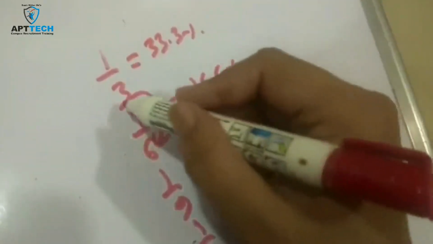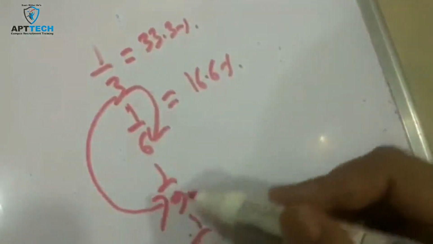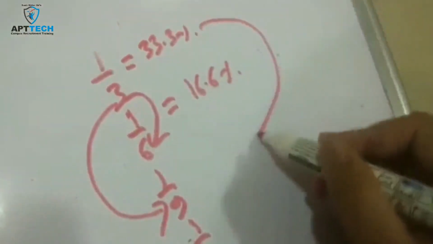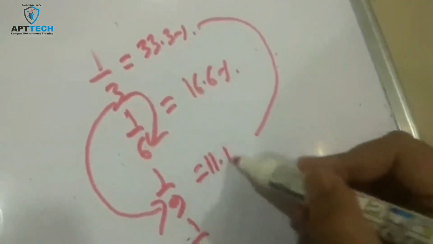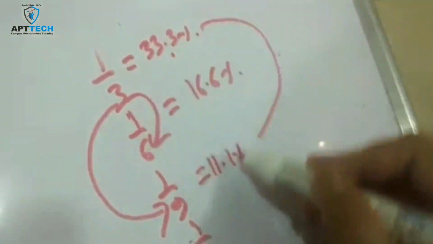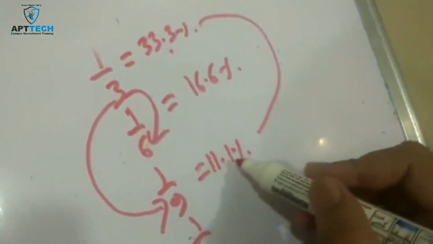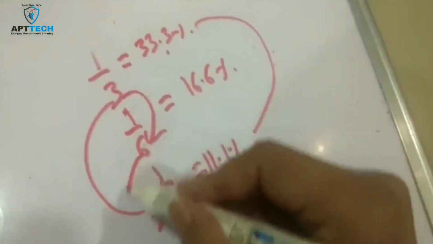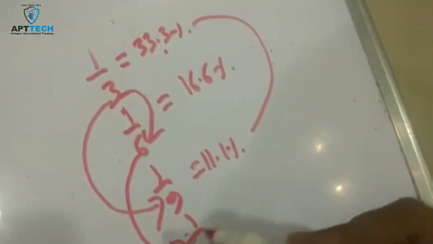Again, the denominator is getting triple, so the value will become one third. So this will be 11.1%, one third of 33.3%. Here to here the denominator is getting double.